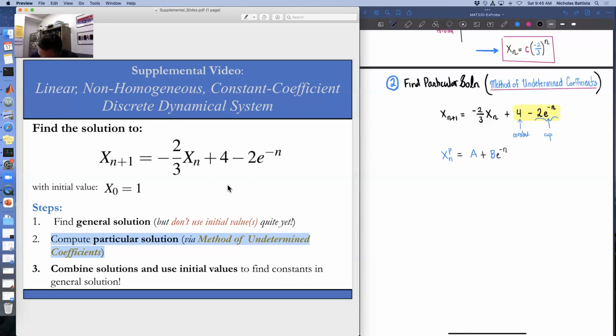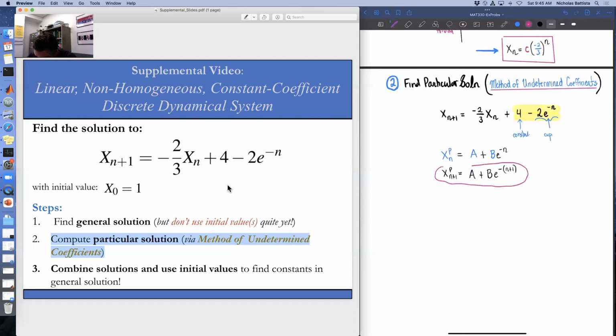So you can imagine we can iterate this particular solution just like we did with the homogeneous solution when we were solving for that. And we'll have that this is now a plus b e to the minus (n+1). All right, so those two things we can substitute into our equation.